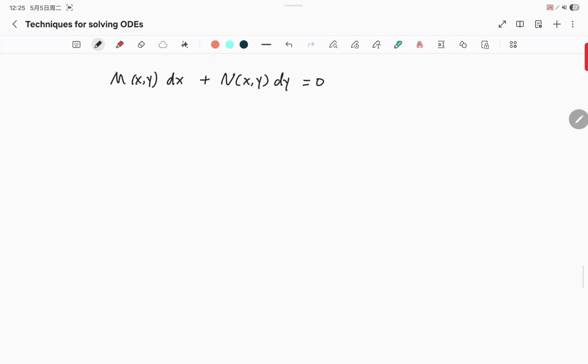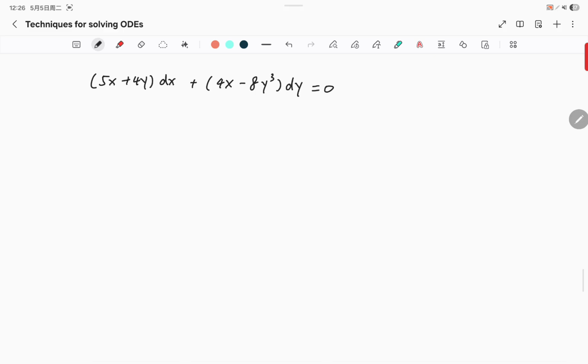So let's look at an example here. Now we see we have a function or an expression that involves both x and y, dx, something similar, dy equals 0.